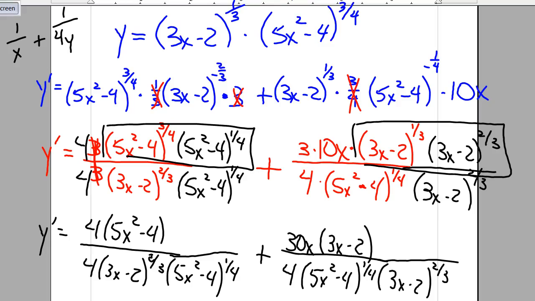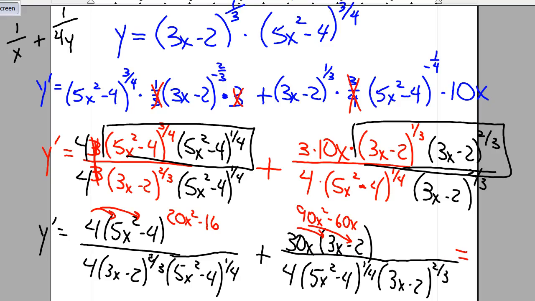I'm kind of running out of room in my window here. But all you have left to do is distribute there, which will give me 20x squared minus 16. Distribute there, which will give me 90x squared minus 60x. And you're going to take those things on top and combine them and then rewrite that little bottom guy again.